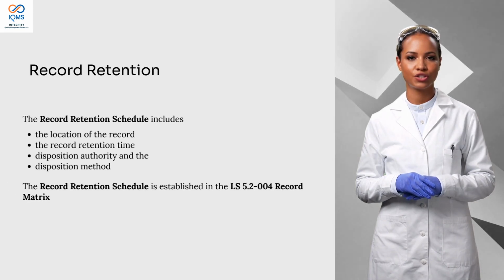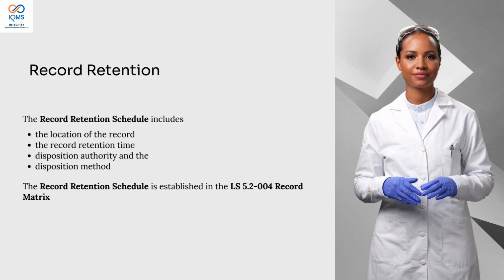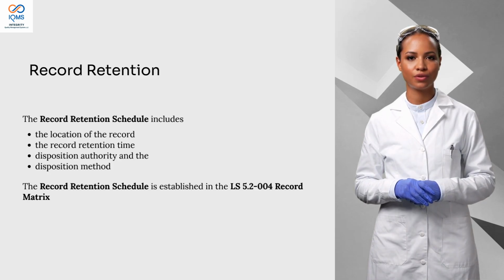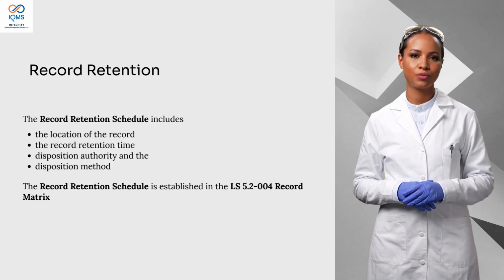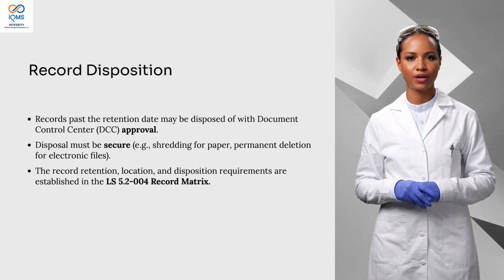The record retention schedule includes the location of the record, the record retention time, disposition authority and the disposition method. The record retention schedule is established in the LS 5.2-004 record matrix. Record disposition.